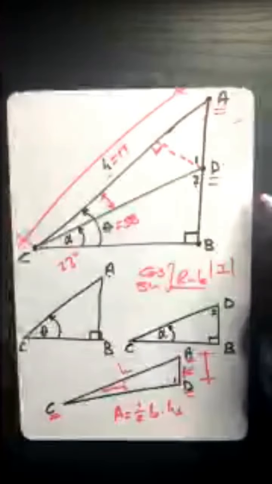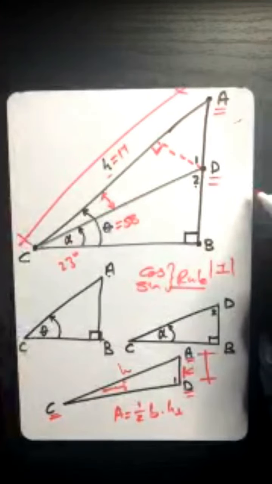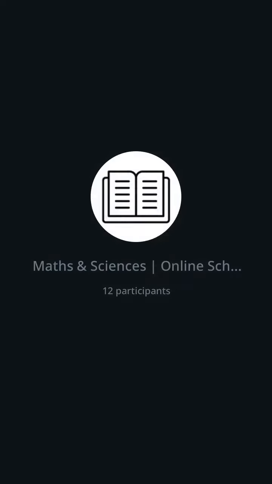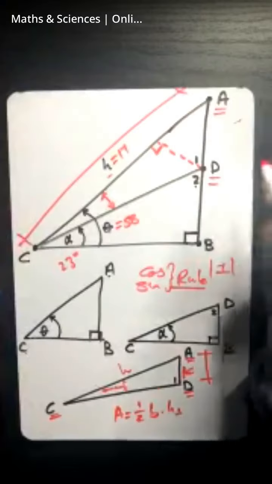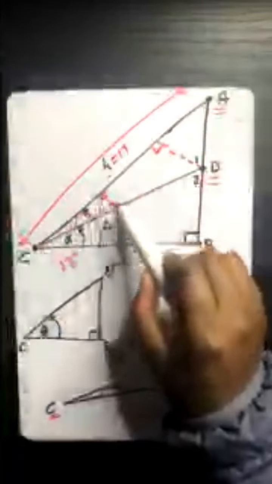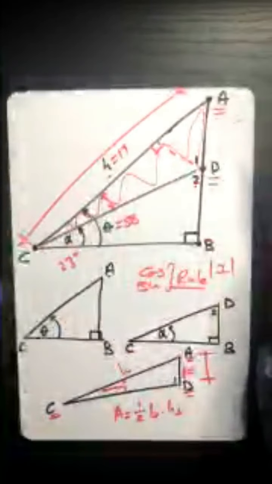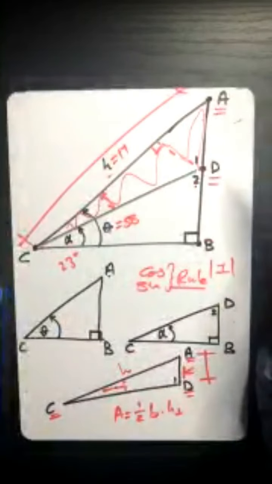Or otherwise, a smart learner would calculate the area of that big triangle and then minus the area of this small triangle. Then you remain with the area of that triangle, in case you don't want to complicate your life.